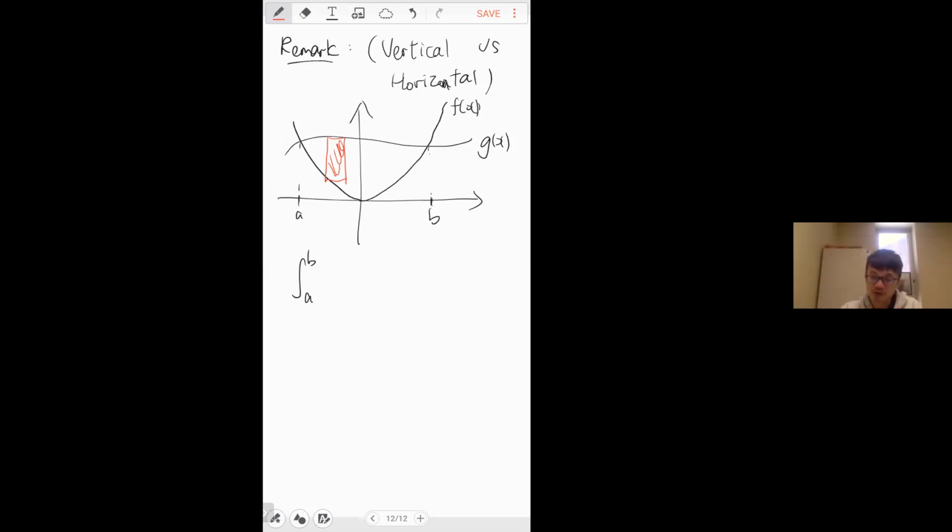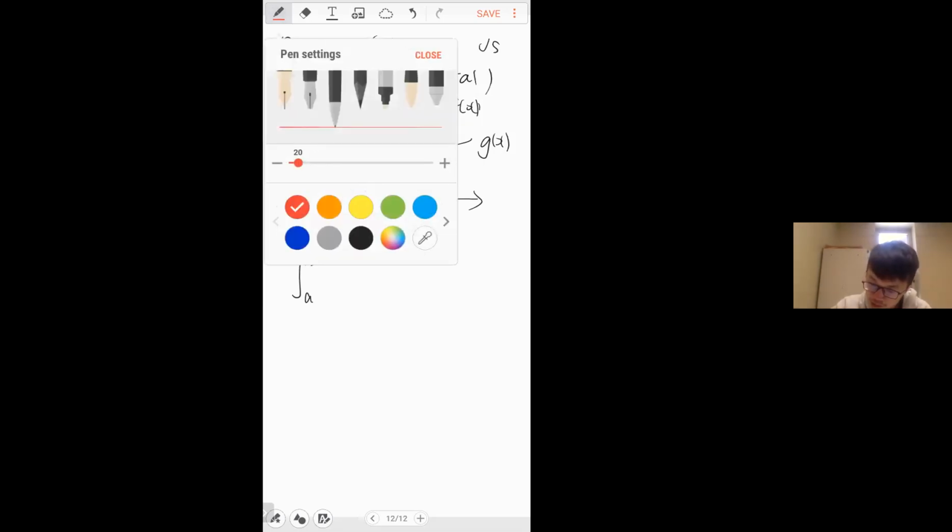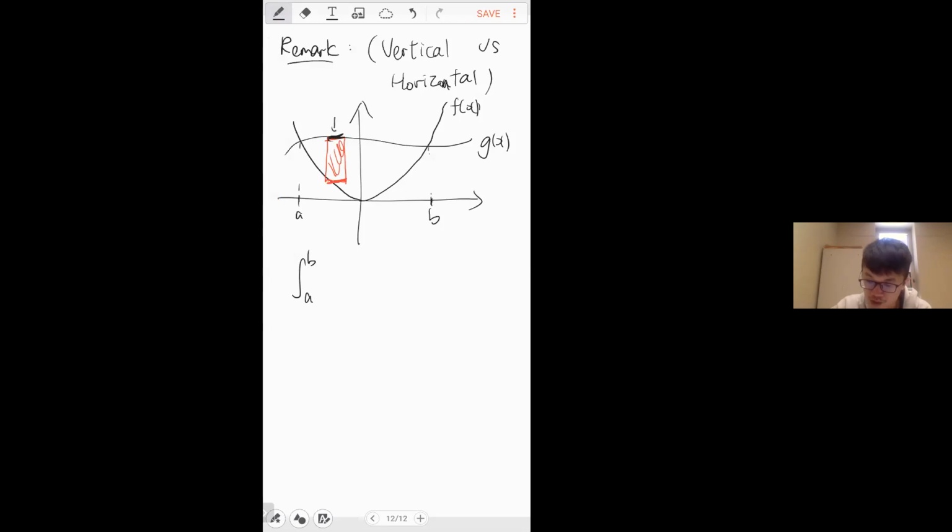So if you can do the vertical like this, that means the top is one function and the bottom is another function. Let me write this out. So if the top here is one function and the bottom is a different function, then you can do the vertical one and say that the area between two functions is just this.